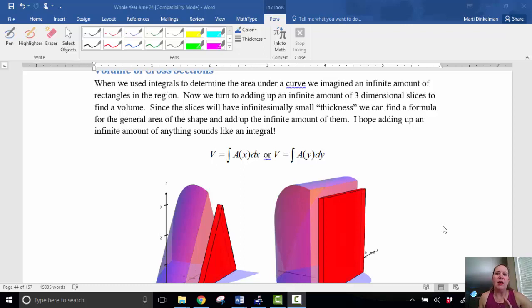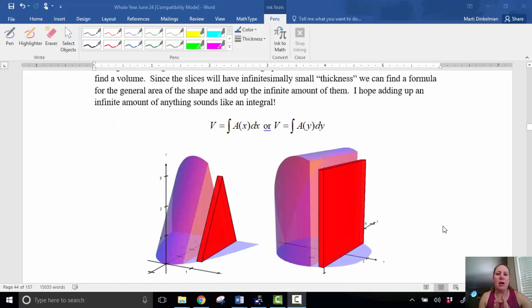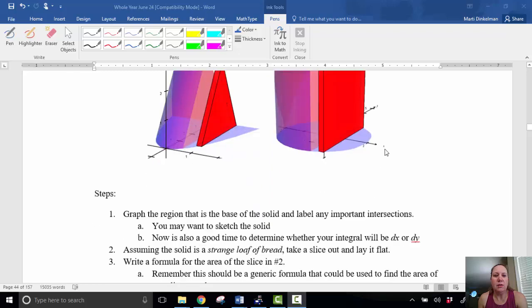If we can find the area of this shape that we're talking about, and we think about the thickness of them being infinitesimally small, and we add up the infinite amount of them, that's what the integral will find for us, is the volume. So you can think of in the formula for volume is that we have this area, and the dx or the dy is really the third dimension, which makes it volume. So that's what we're going to try to do here.